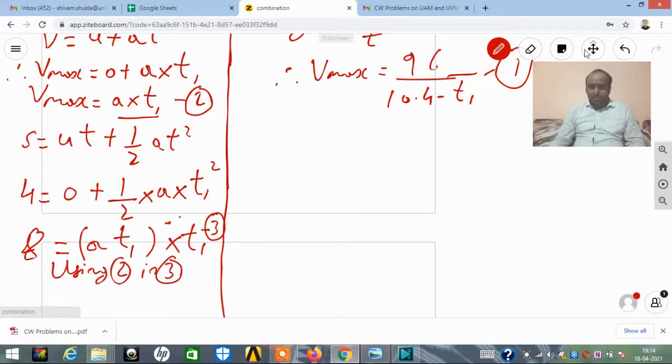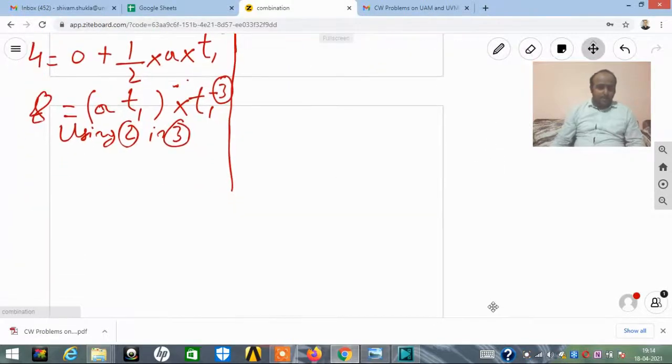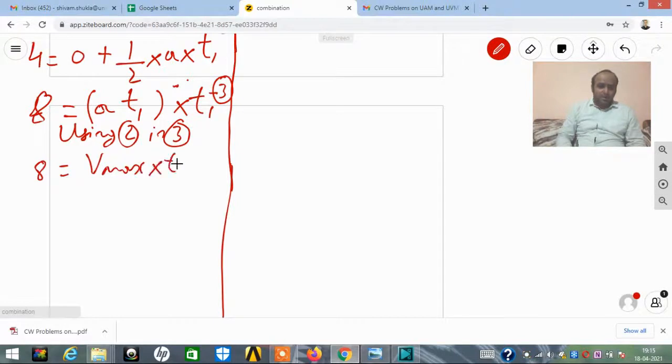Using equation number 2 in 3, what do we get? 8 is equal to Vmax into T1. Therefore, Vmax is equal to 8 divided by T1. This is equation number 4.